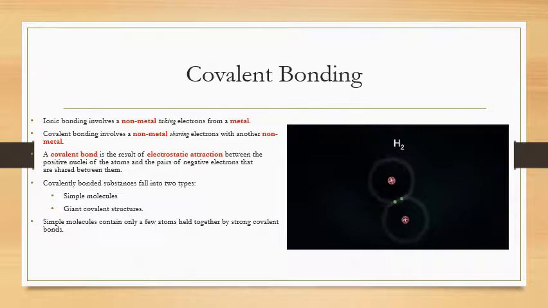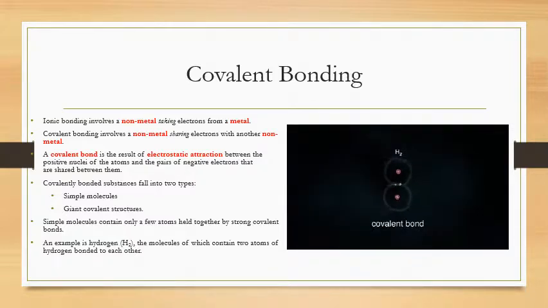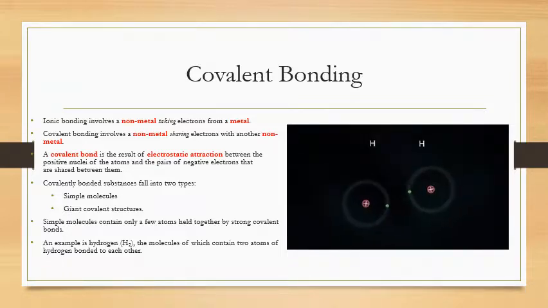So these simple molecules contain only a few elements, 1, 2, possibly 3, held together by these strong covalent bonds. And the example provided by the animation is hydrogen, which is a molecule which contains two atoms of hydrogen which are bonded together covalently by sharing their single electron to form a covalent bond.